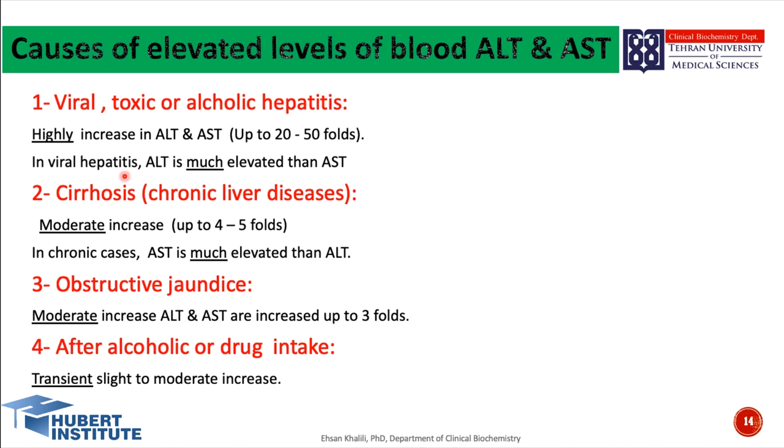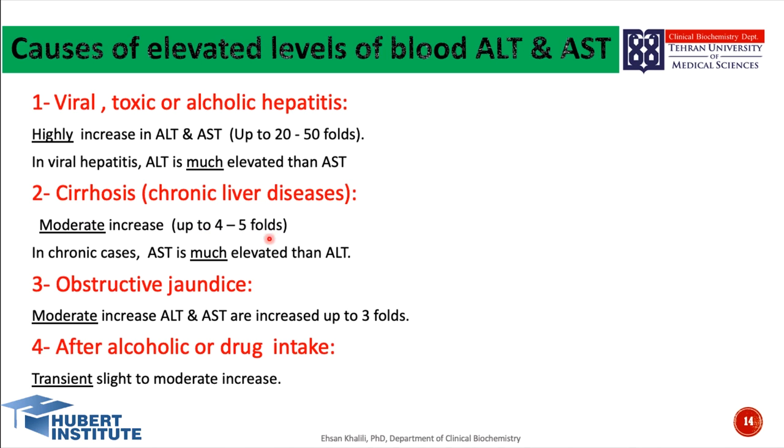What about cirrhosis? Cirrhosis is a fibrosis of the liver. It's a kind of end stage of liver disease, and that's called cirrhosis. In cirrhosis, we have a moderate increase in AST and ALT in the blood circulation, up to 4 to 5 folds.